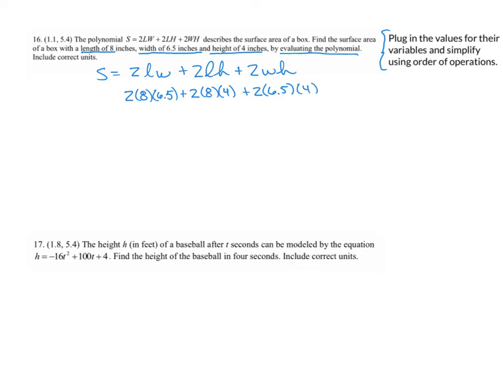I'm going to use my calculator just to make it a little bit easier on ourselves. If we multiply 2 times 8 times 6.5, I get 104. 2 times 8 times 4, I get 64. And 2 times 6.5 times 4, I get 52.